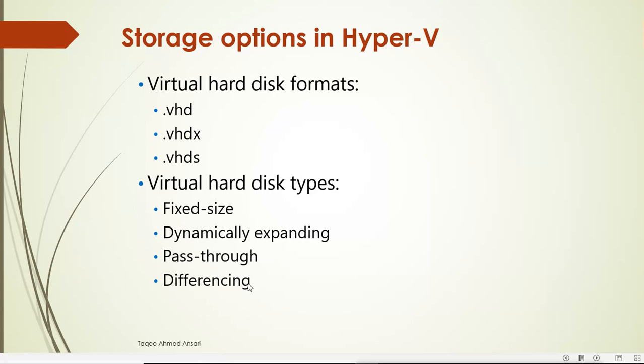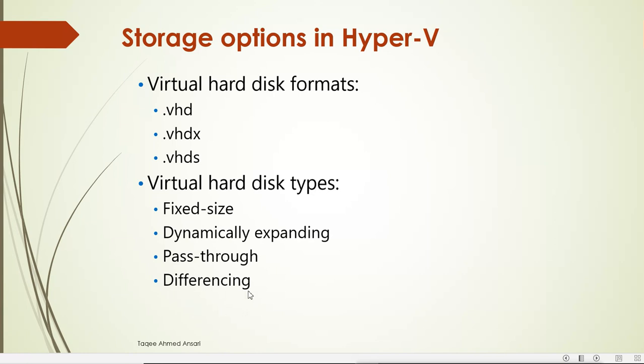And the differencing disk. Now differencing disk is actually we create a copy of the disk. We create one disk, and we use that disk as a parent disk, and we create multiple copies of that parent disk, which we can call child disks.